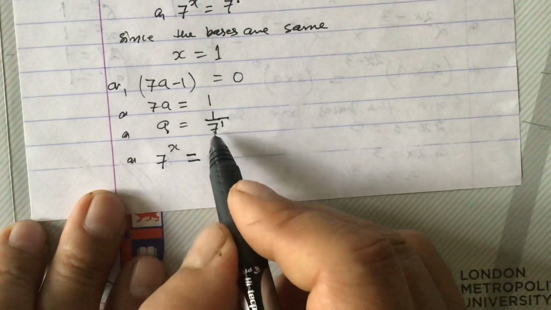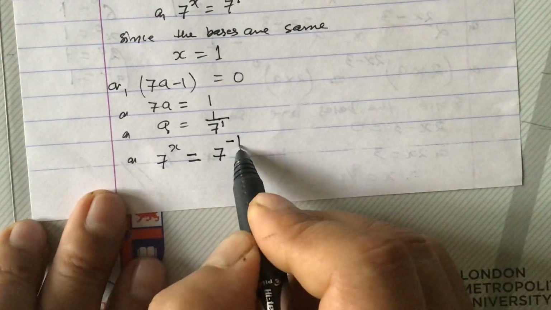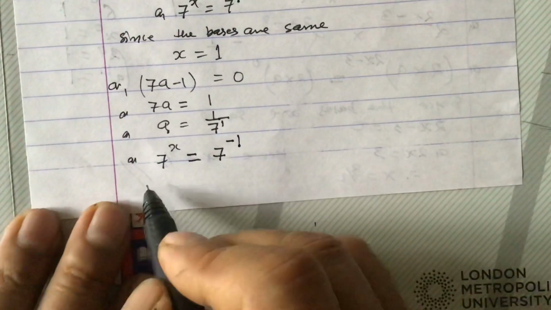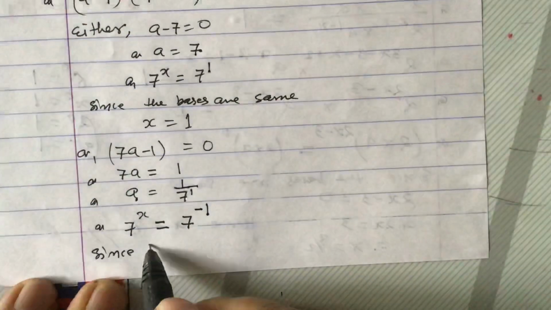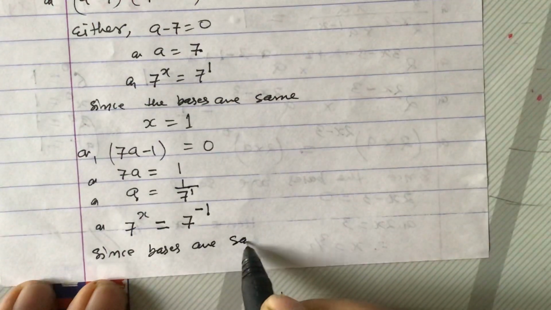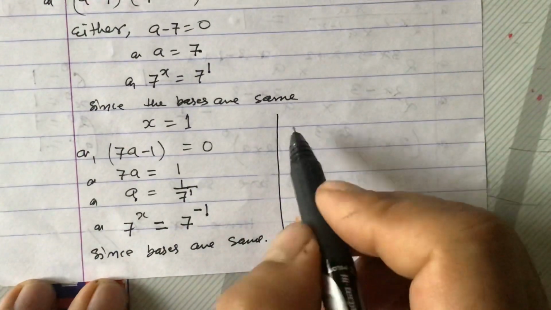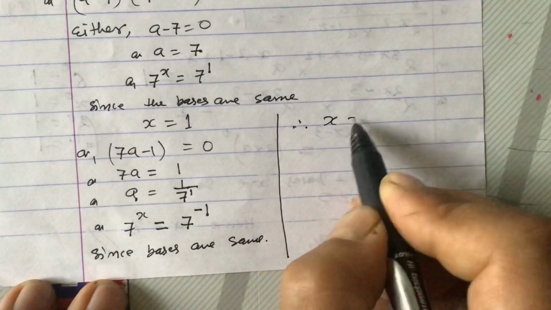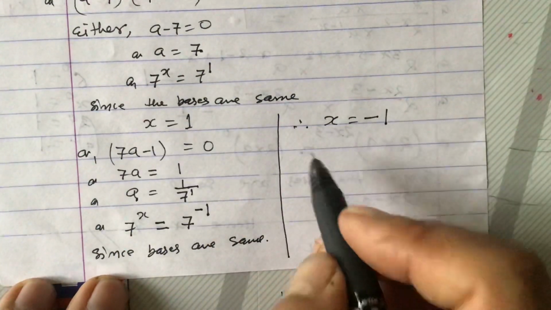If you shift this to the numerator, then 7 to the power minus 1 will be there. So here also, since bases are same, therefore x equals to minus 1. So here 1, here minus 1.